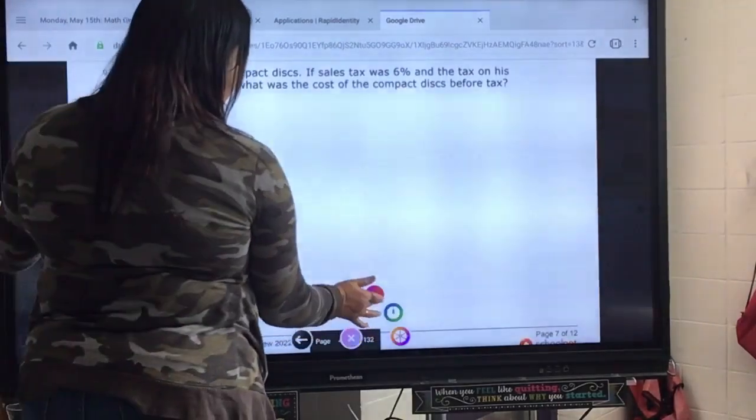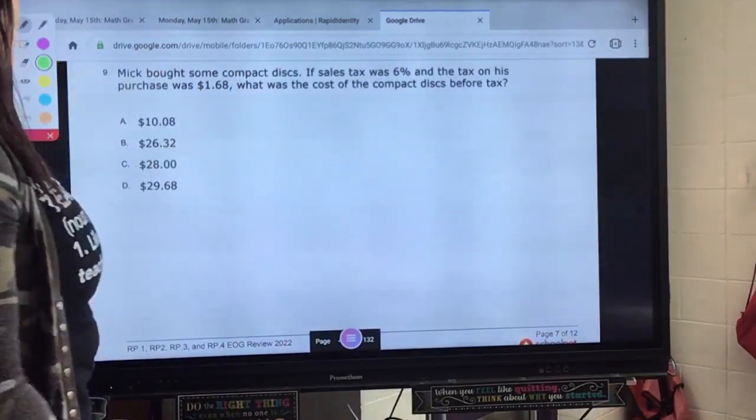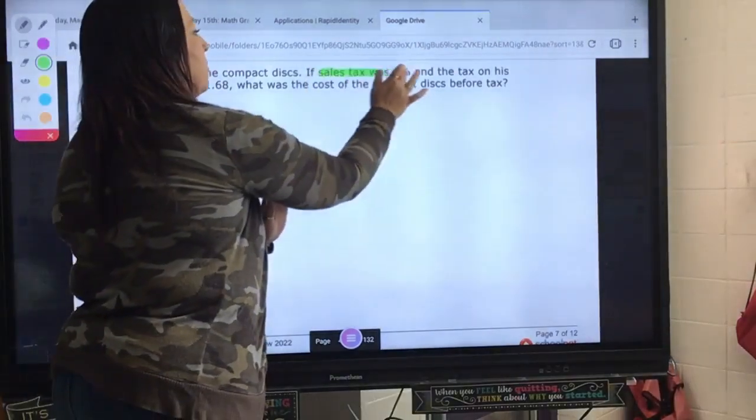All right. It says Mick bought some compact discs. If sales tax was 6% and the tax on his purchase was $1.68, what was the cost of the compact discs before tax? All right, so what's important in this question? What's important in this question, Cam? Sales tax was 6%.